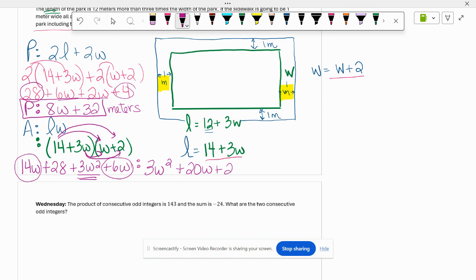Plus my last term, which is 28. So this is my new area. And remember, it's going to be meters squared because area is square. So this is the expression or the polynomial that represents the new area.